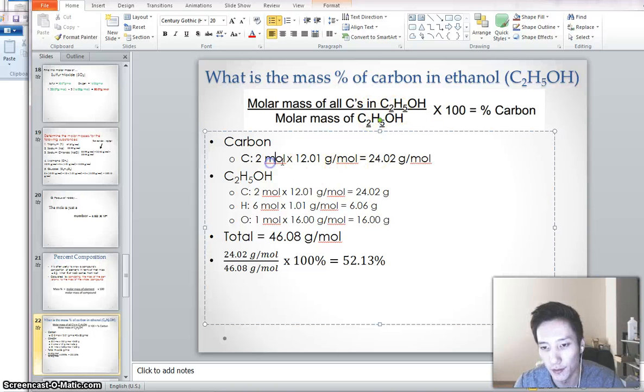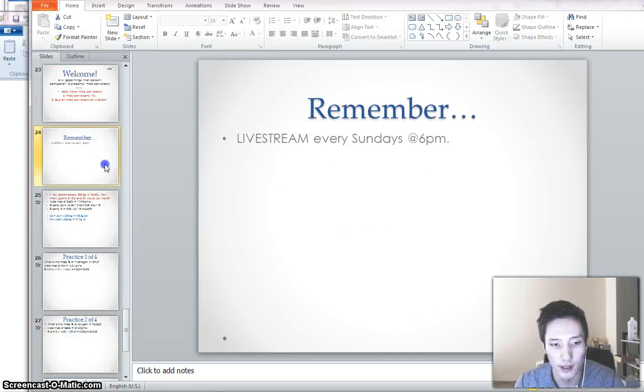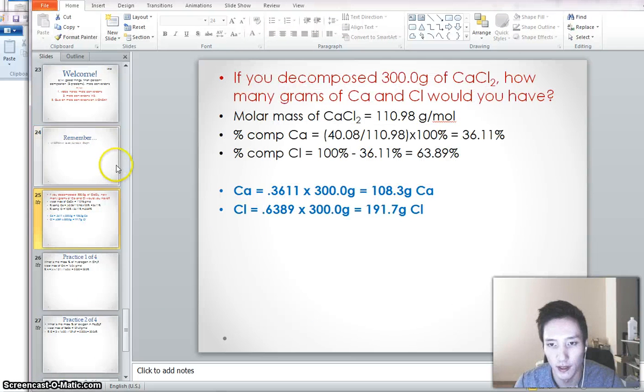So we just do 2 times the molar mass, which is 24.02 grams per mole. And then we divided it by the total molar mass of ethanol, which is 46.08, times 100%. Keep the sig figs consistent at 4. And you had 52.13.